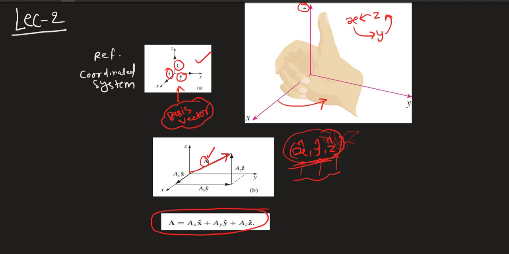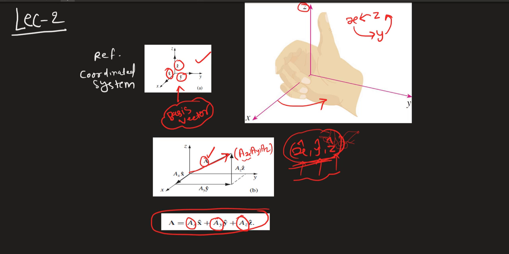Now what are these ax, ay and az? Often we are given a vector in terms of the coordinates. So you could be given this vector A in terms of ax, ay and az.